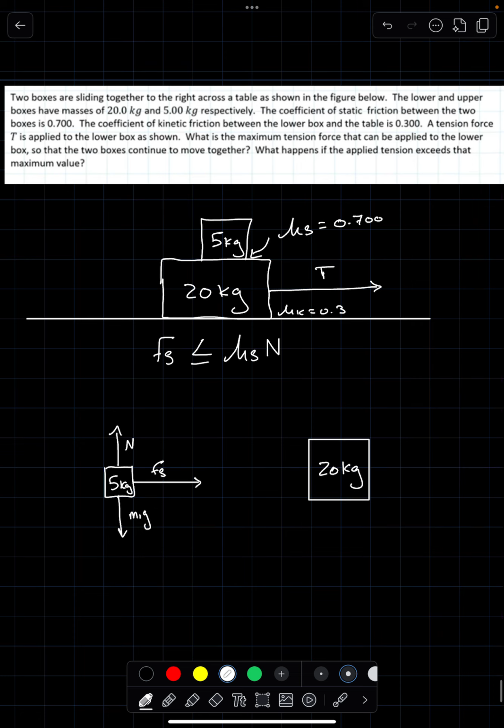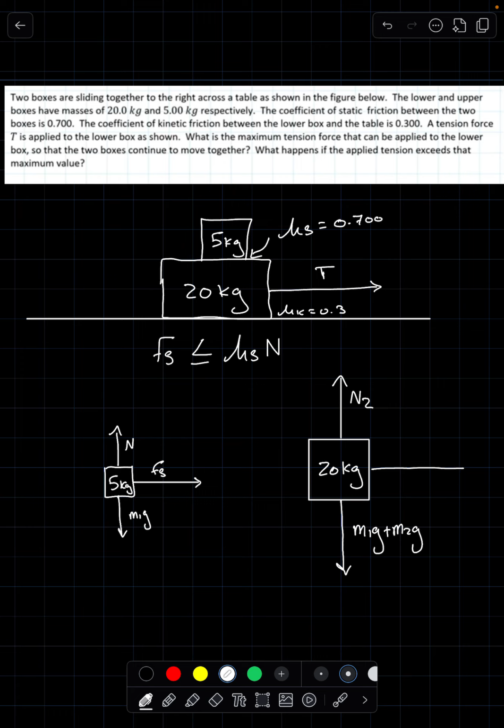Now the 20 kg block, right? It has the normal force of the 5 kg block coming from on top of it, and its own weight. So it's going to be M1g plus M2g pushing it down, but it has a normal force of N2 balancing it out.